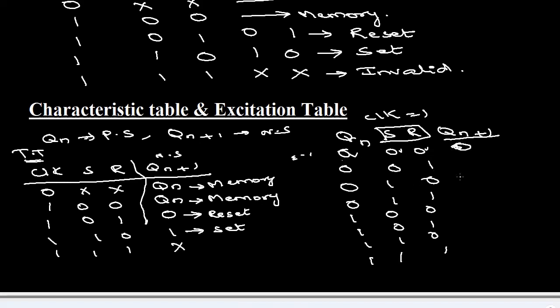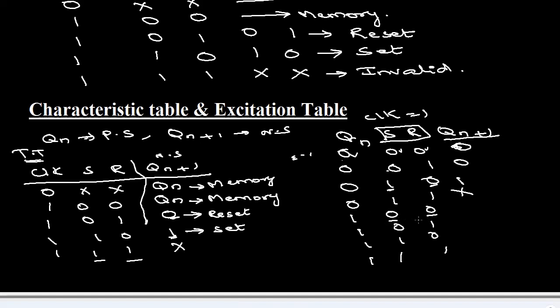Same way, when S is 0, R is 1, then that condition is the reset condition. Next, when S is 1, R is 0, that condition is called the set condition. Set means 1. When S equal to 1, R equal to 1, that condition is called the invalid condition. Again, when S is 0, R is 0, that condition is the memory condition.